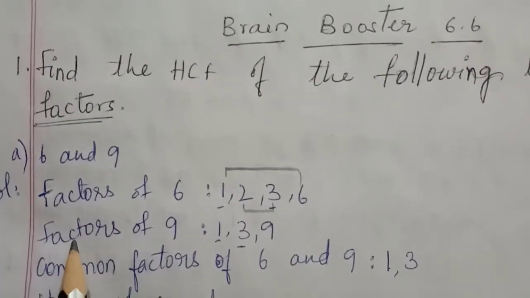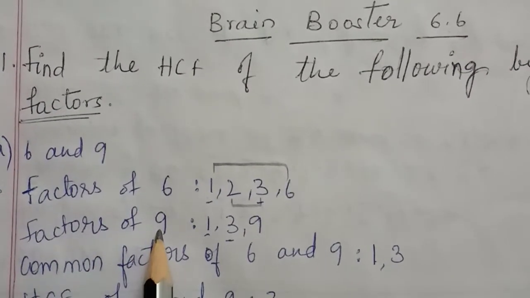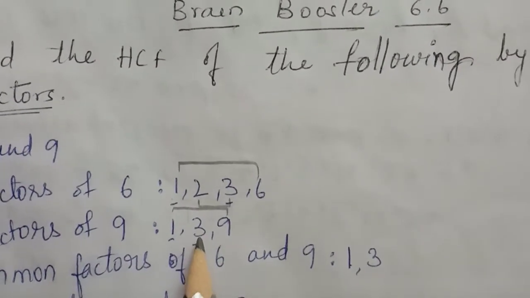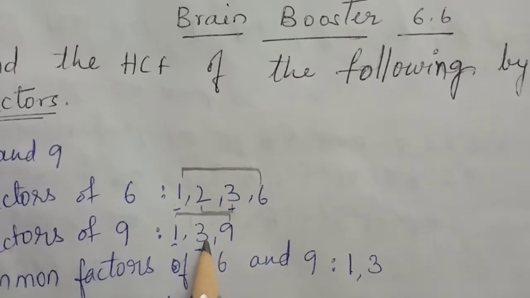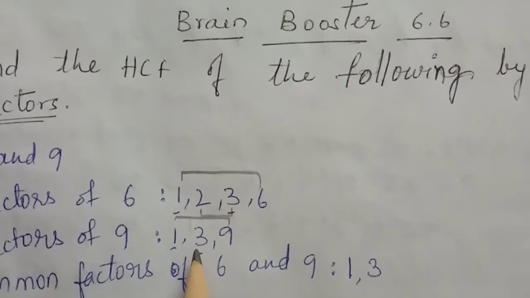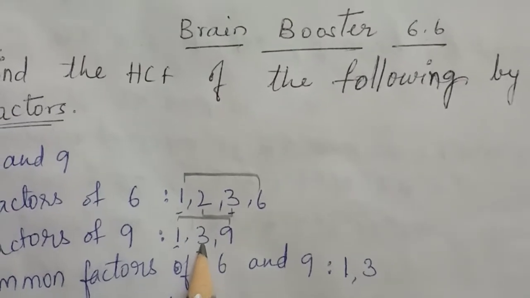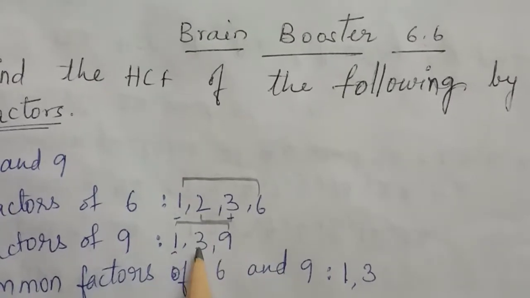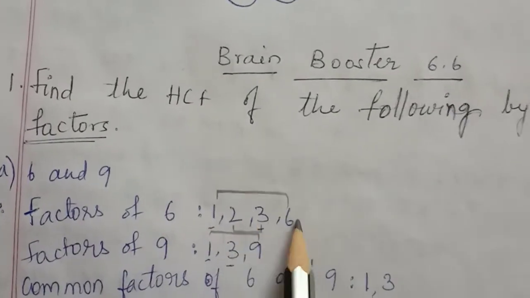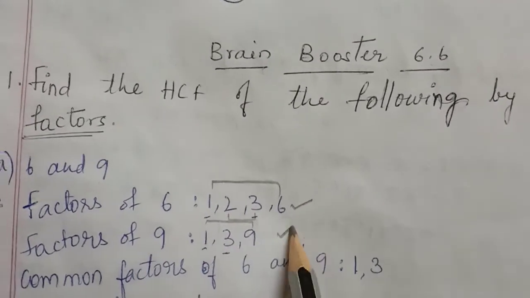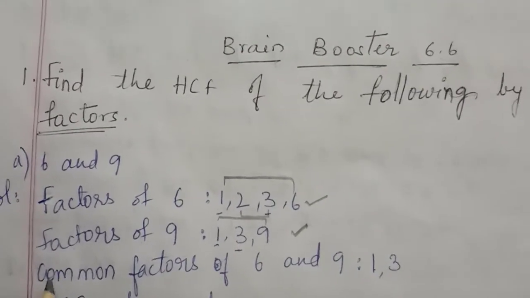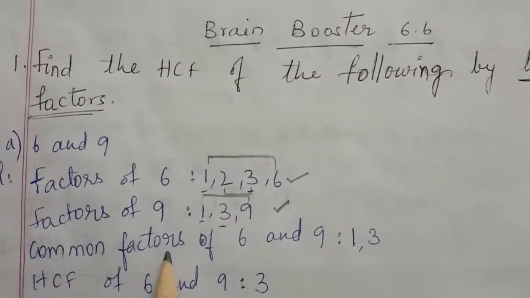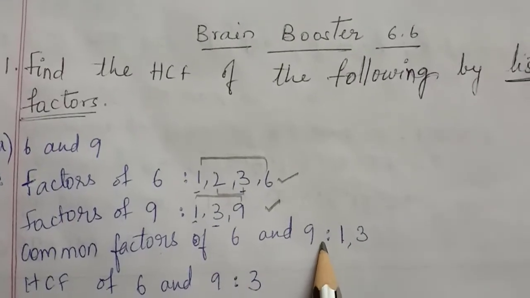Now 9 table, factors of 9. Okay, so 1 9s are 9 and 3 into 3. If any factor is repeated, it is written only one time. So factors of 6 we have written and factors of 9 also we have written. Now children, the third step is, this is step 1, step 2, step 3, common factors of 6 and 9.